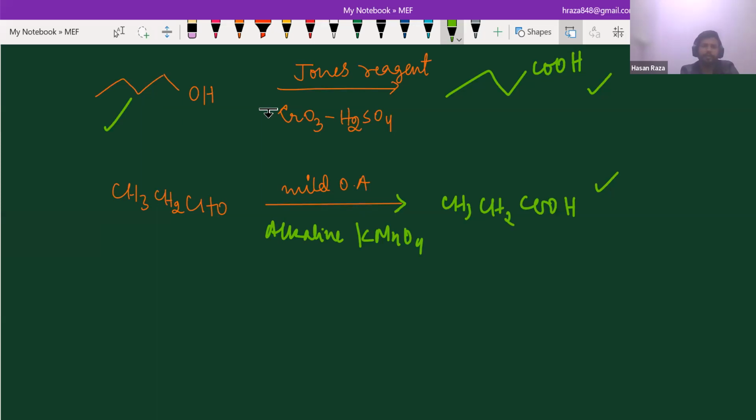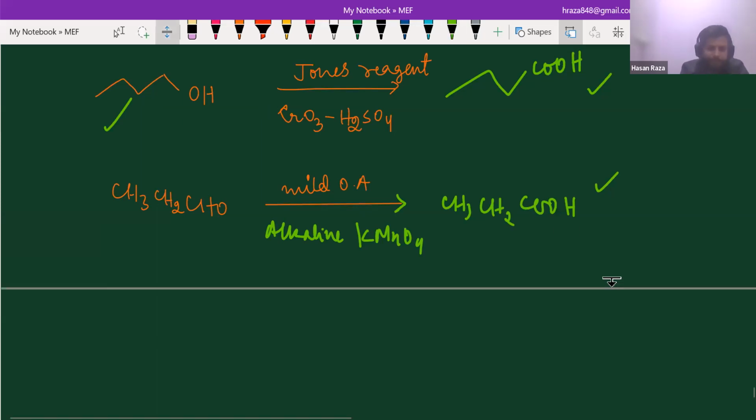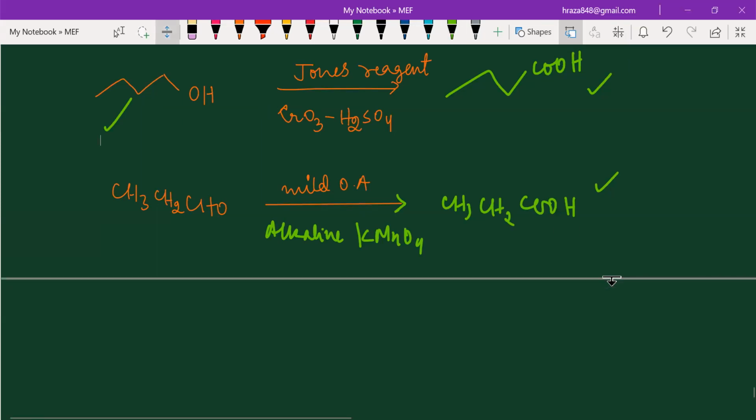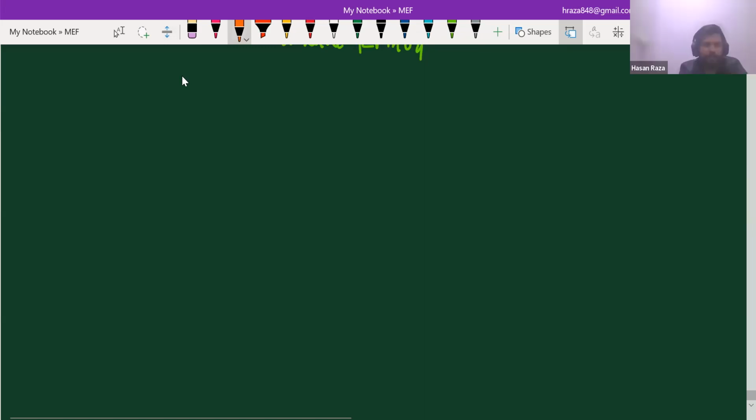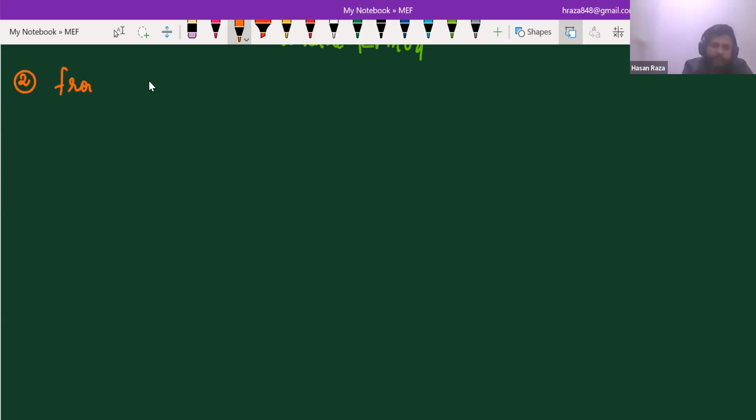Can I change the slide? Yes, sir. Okay. Now see, basically the second method of preparation is from alkyl benzene. And always remember, whenever you are going to prepare this carboxylic acid, you need to oxidize alkyl benzenes.